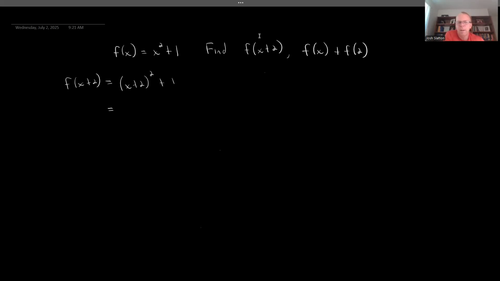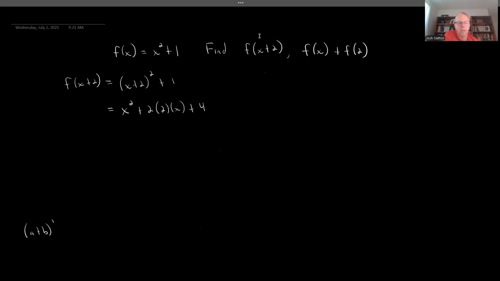But x plus 2 squared, so you square the first term, and then you're going to multiply the two terms in the binomial, so 2 times x, and then you're going to square the third term. So this is just a standard if you have a binomial squared. Let's look down here.